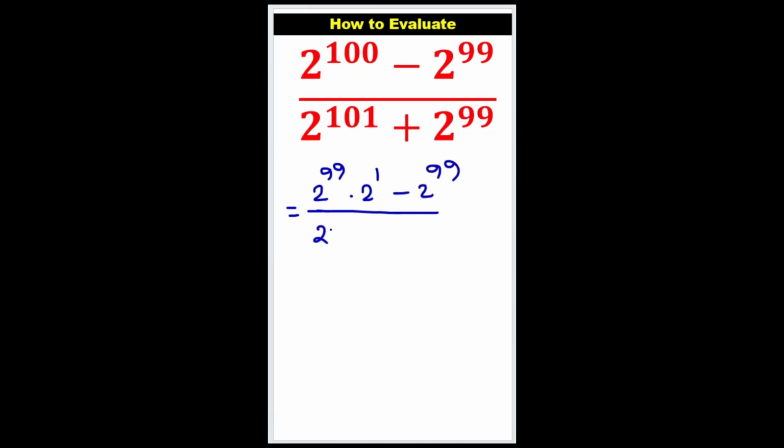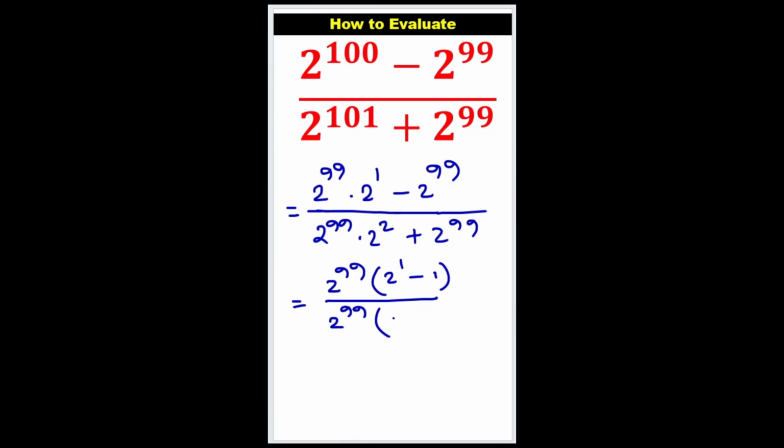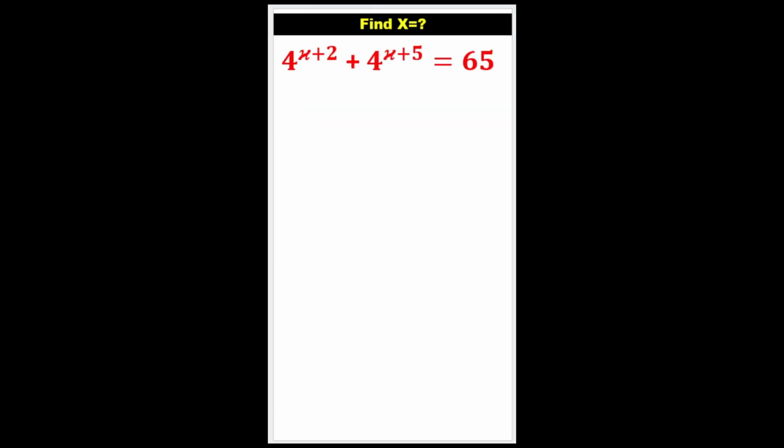Here is 2 to the power 99 into 2 to the power 2 plus 2 to the power 99. If we take common 2 to the power 99, here is 2 to the power 1 minus 1, and here is 2 to the power 99 into 2 square plus 1. So 2 to the power 99 cancels with 2 to the power 99, we will get 1 divided by 2 square means 4, 4 plus 1 means 5. This is the answer. Thank you.